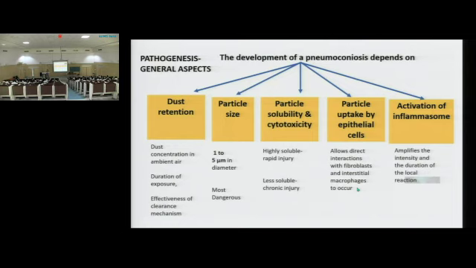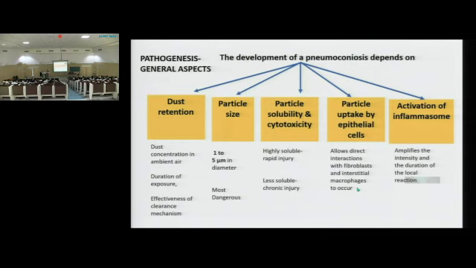It allows direct interaction with fibroblasts and interstitial macrophages to occur. Right? Whatever dust particles, after breaking the epithelium, will be exposed to the macrophages, and those macrophages induce the pathogenesis. I will show you the image afterwards.